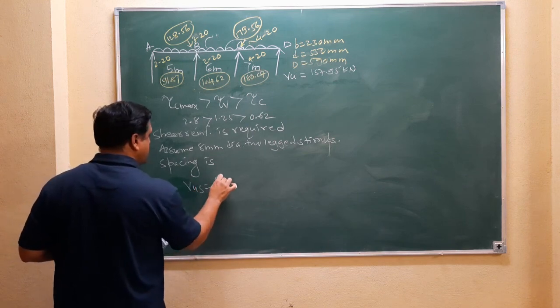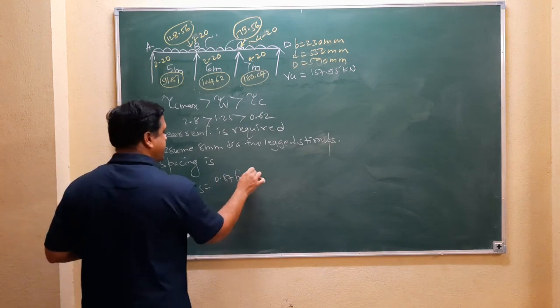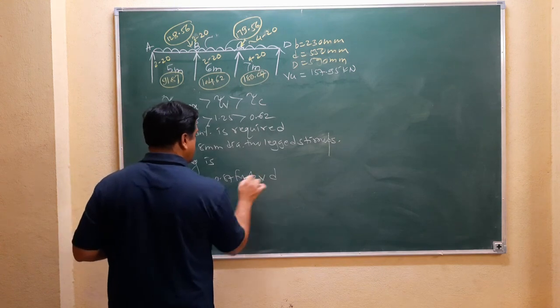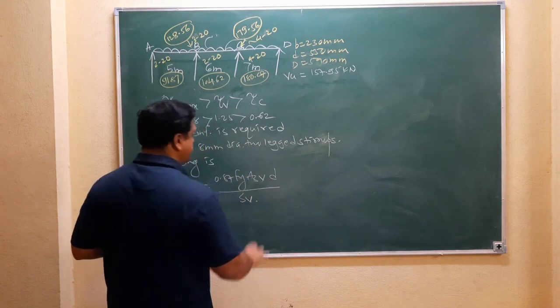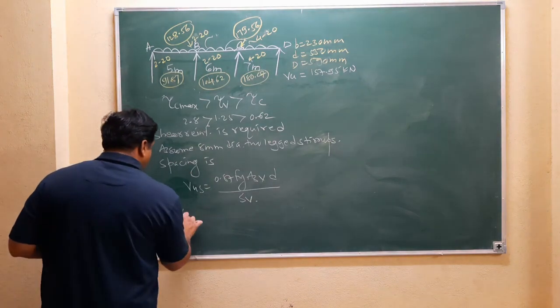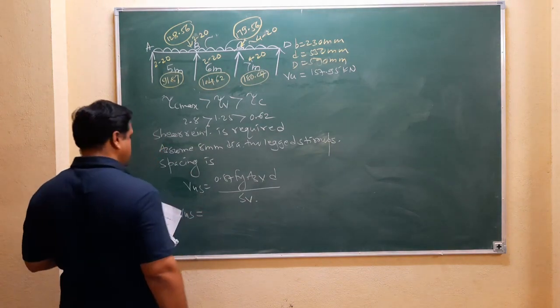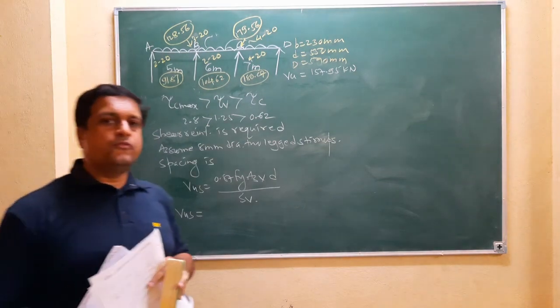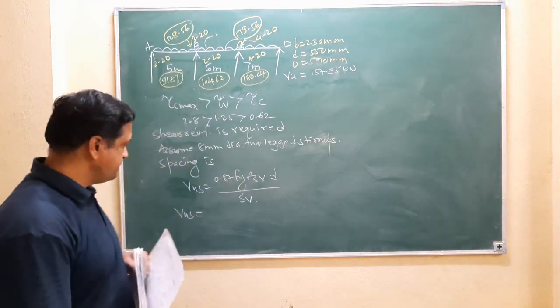Vus is equal to 0.87 fy into Asv into d divided by Sv. You use this formula. Now what is the Vus? Vus is the shear force for the shear reinforcement.